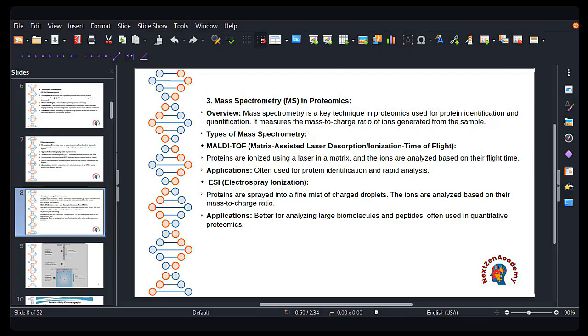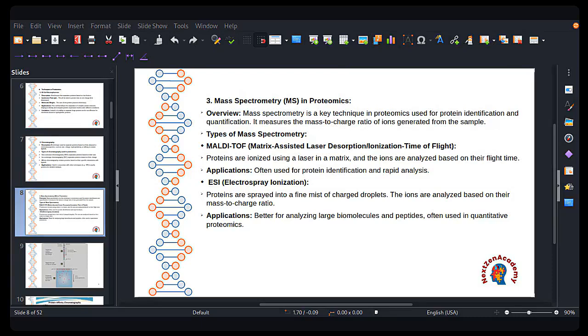Any doubt? So we talked about three techniques. One is gel electrophoresis, second is chromatography, third is mass spectrometry. For proteins, we use matrix assisted laser desorption ionization, time of flight, and electrospray ionization.